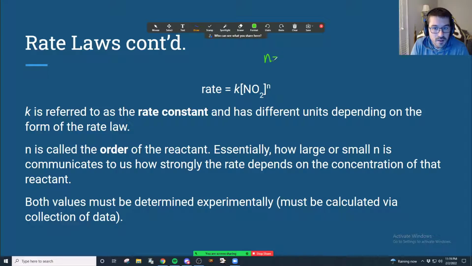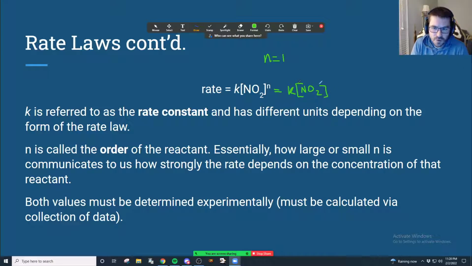Let's look at this. Let's say n is equal to 1. This is called first order, by the way. This would be NO2 to the power of 1, but we typically don't write things when they are to the power of 1, so you typically won't see that. This right here would be the rate law for a first order reaction, if this reaction happened to be first order.